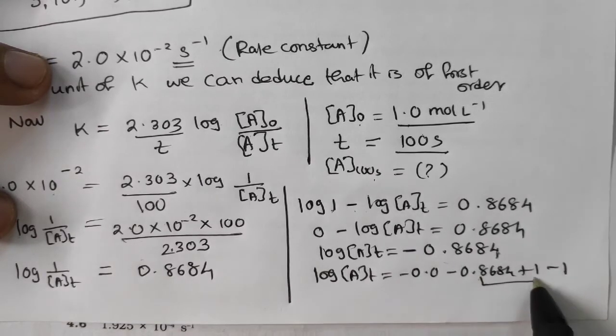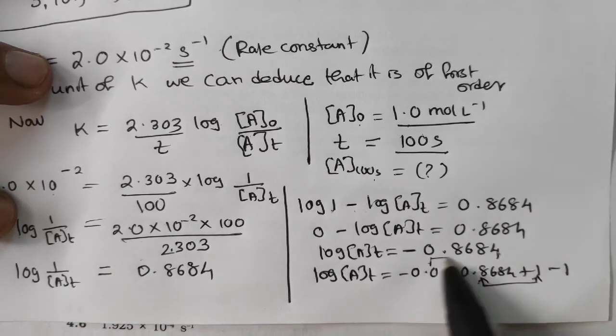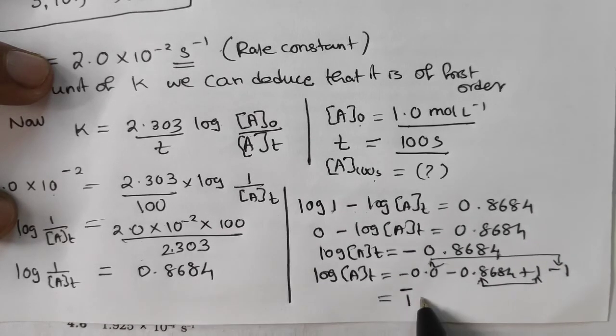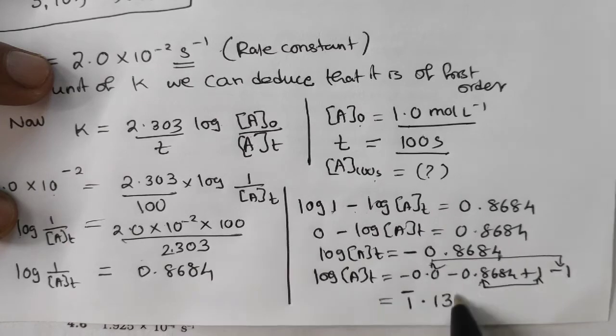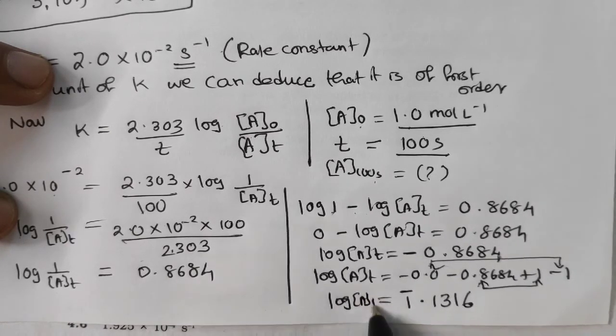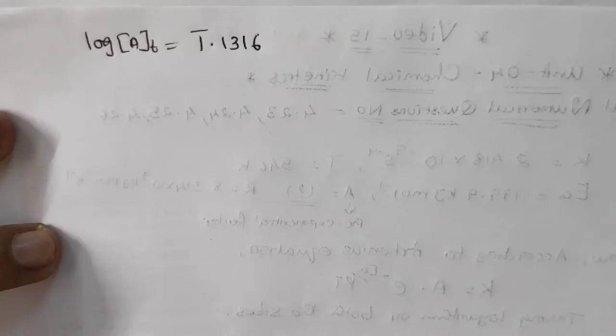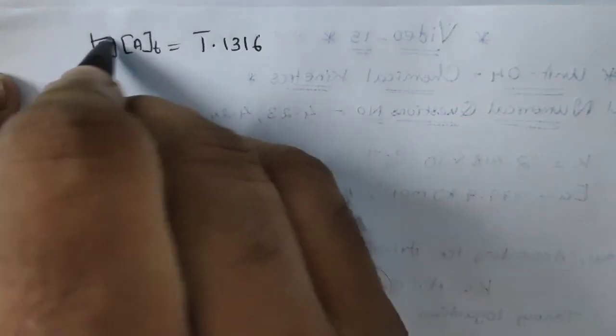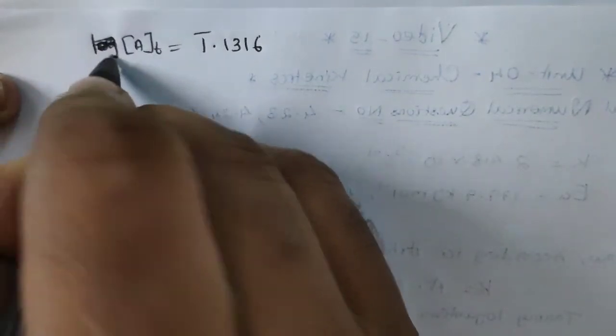So these two things we take together and these two things we take together. So it will be 1 bar 0.1316, that is log A is equal to 1 bar 0.1316.